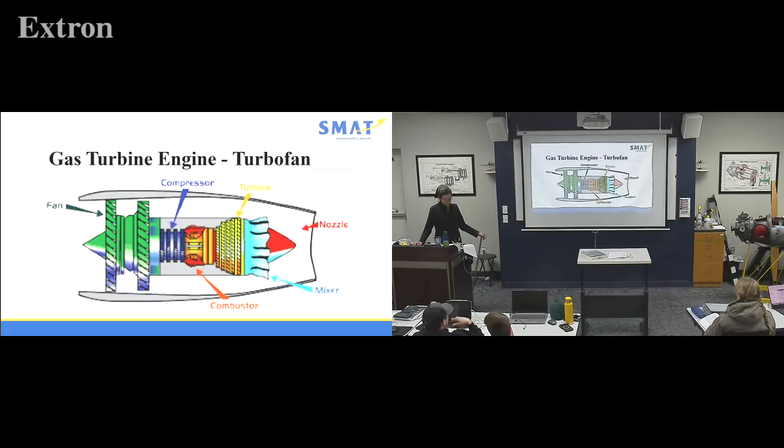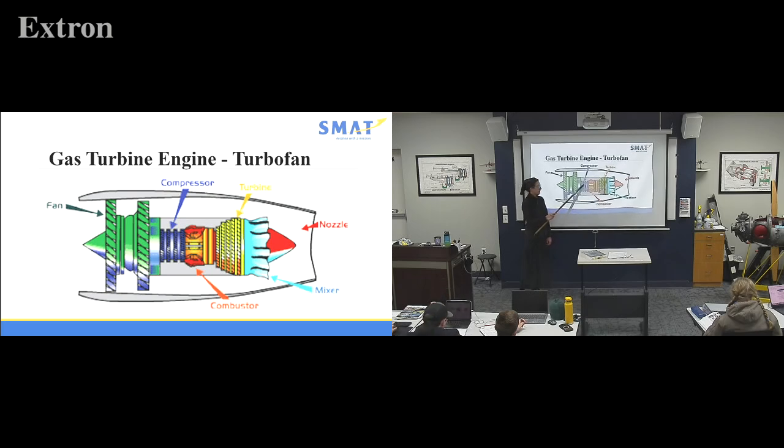Okay, so first, we're going to introduce the turbofan because it's the best example. It gives you kind of components of all of them. And then we're going to dive into the differences between those four. So we have here what we had already talked about.